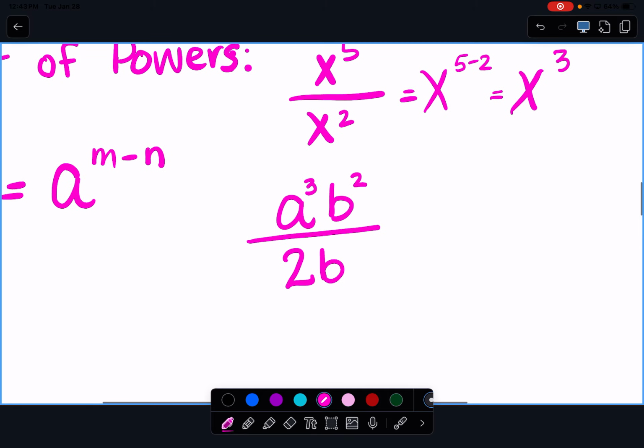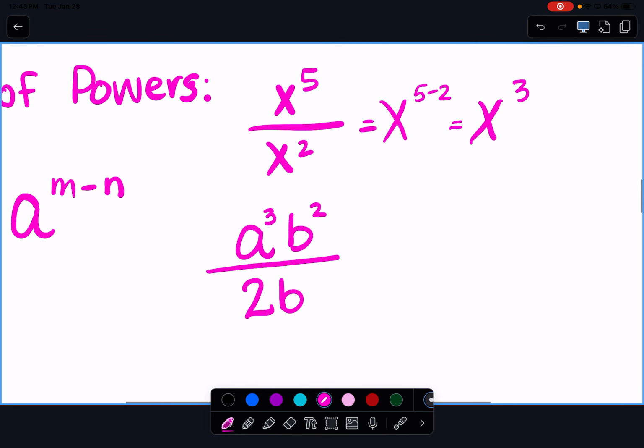All right, so for this one, is there anything I can do with that 2 in the denominator? So do you know where that stays? On the bottom. Is there anything I need to subtract from the a's exponent? So where's that going to stay?